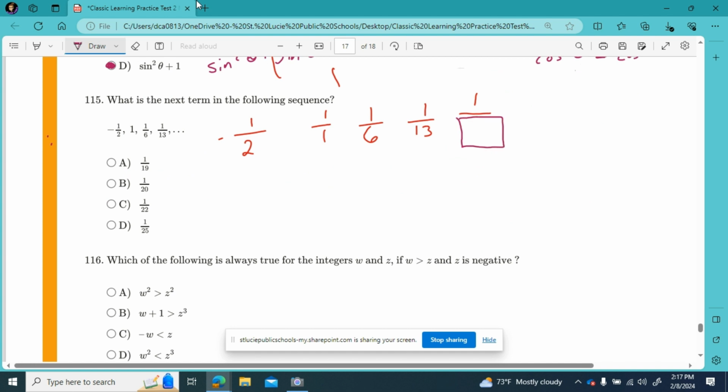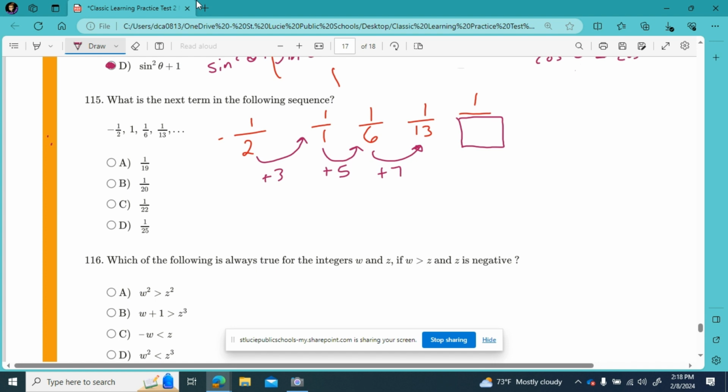So what is our pattern going on with these numbers here at the bottom? I'm going to go backwards. 6 taken away from 13, 13 minus 6, that's 7. So they added 7. 1 to 6, 6 minus 1, they added 5. And 1 down to negative 2, for that one they added 3.